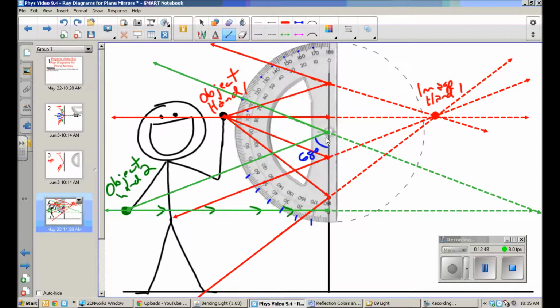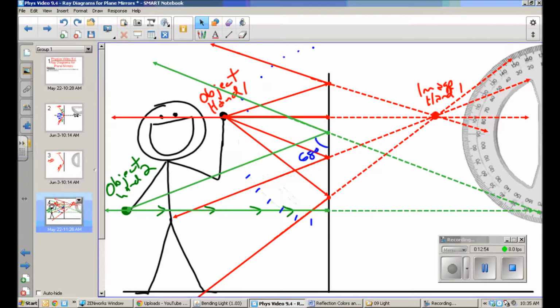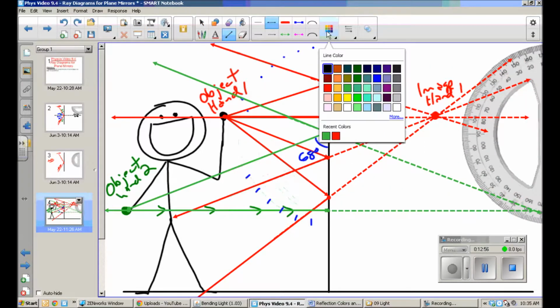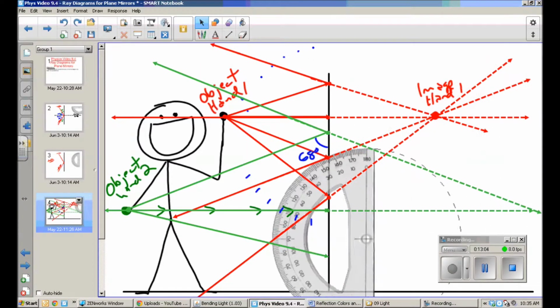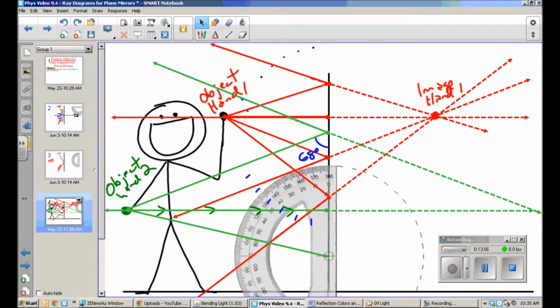Okay, let's repeat the process for one more green line. Let's move our protractor out of the way again. We're going to do one last green line. That's going to hit right there. Grab the protractor to find our reflection again. So our cheater angle there is about 76 degrees.